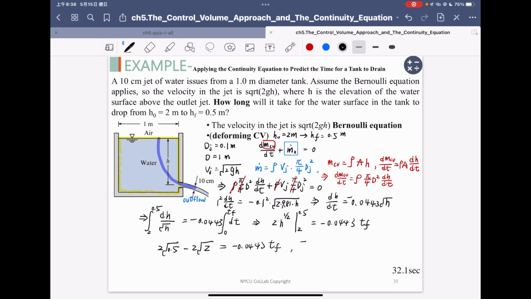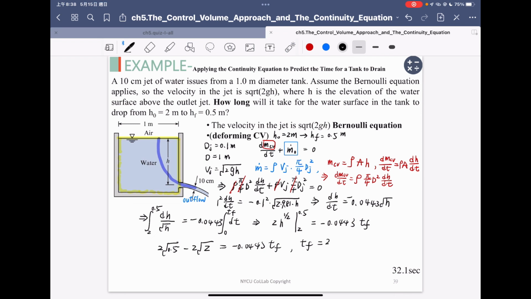Okay, so you can calculate the final tf answer. I use my calculator to check whether the answer is correct or not, so I double check by my calculator.